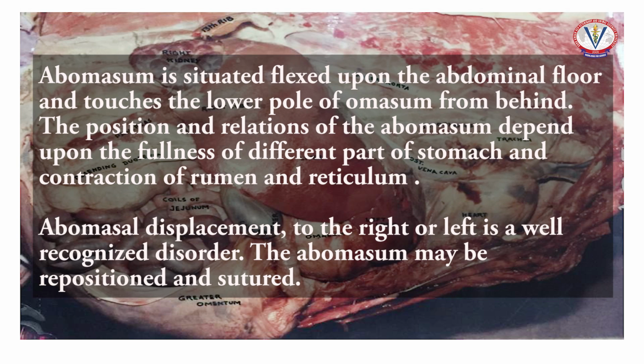The position and relations of the abomasum depend upon the fullness of different parts of the stomach and contraction of the rumen and reticulum. Abomasal displacement to the right or left is a well recognized disorder. In this condition, the abomasum may be repositioned and sutured clinically.